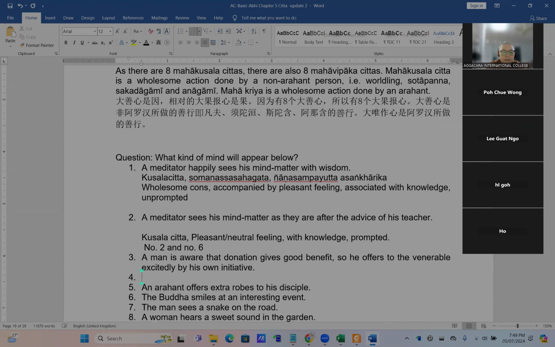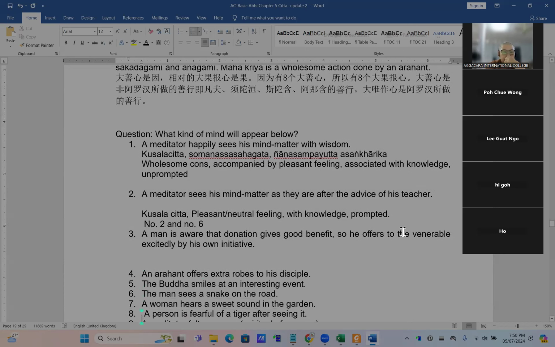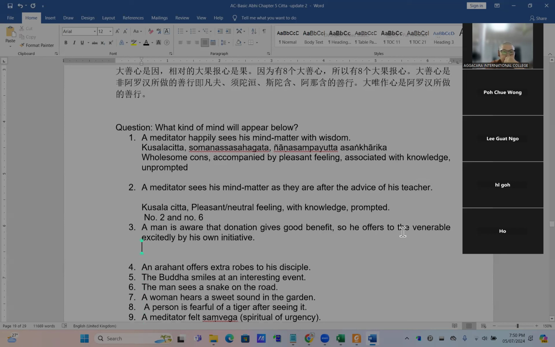Okay. Now next question. All right. So how about Lee Guan Ngo? Can you try? A man aware that donation gives good benefit, so he offered to the vulnerable.